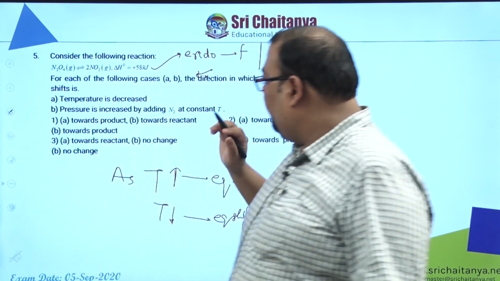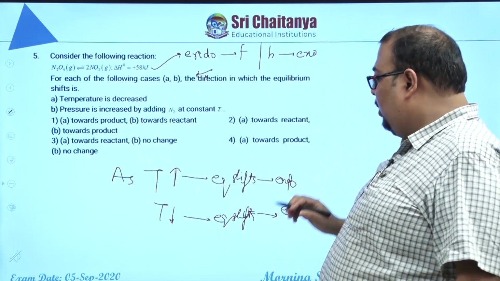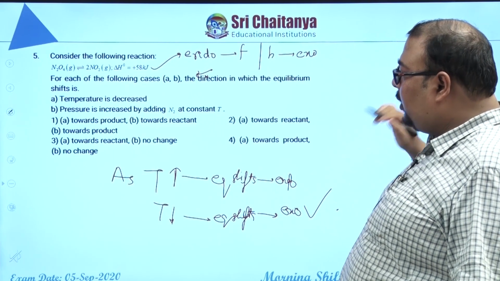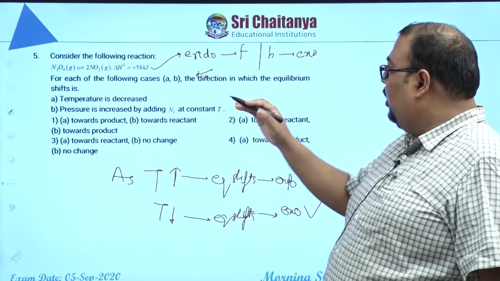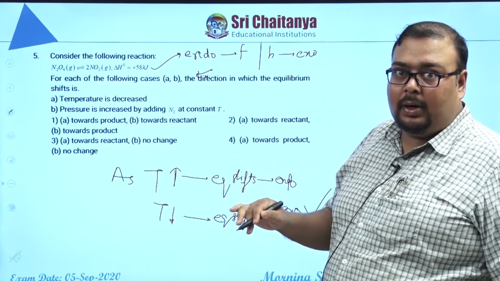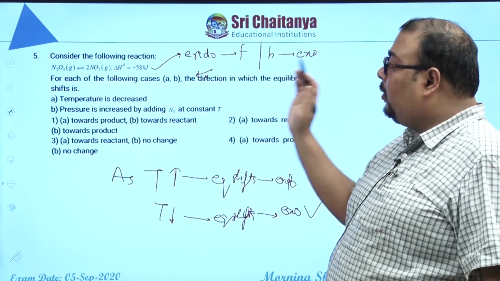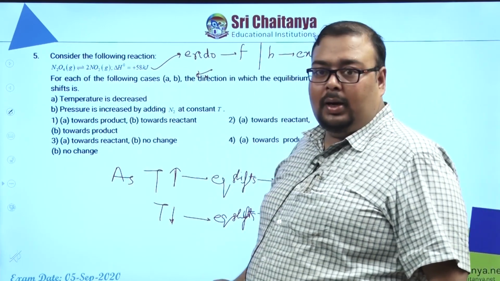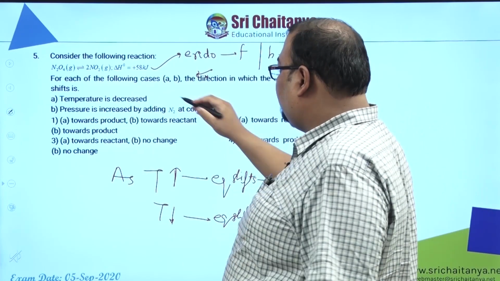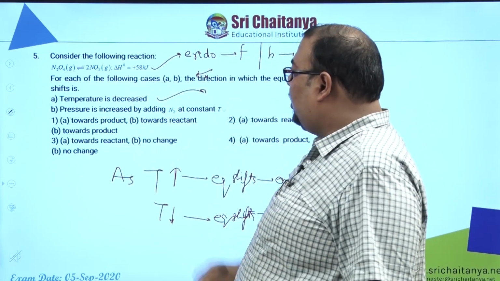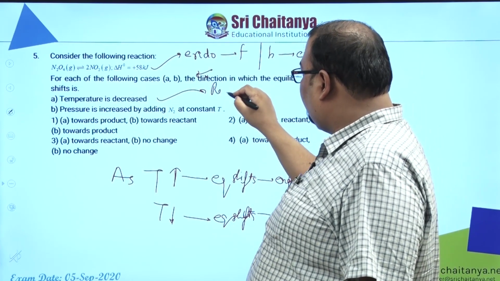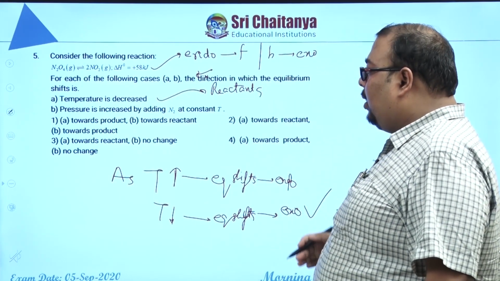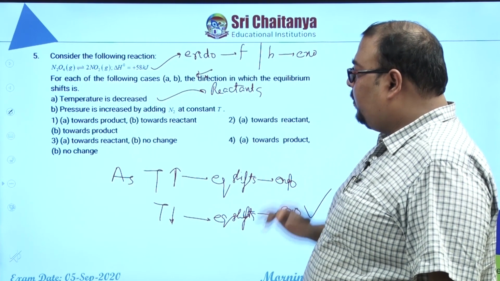Okay, so you see here we are decreasing the temperature, so the reaction will shift in the direction of exothermic reaction. Now if it is shifting in the direction of exothermic reaction, you see the forward direction is endothermic, so the backward direction will be exothermic. If it is going towards backward direction, then it is going towards your reactants. So if we are decreasing temperature, then it is moving towards the backward, which is towards reactants. So this explains our first part of this question.